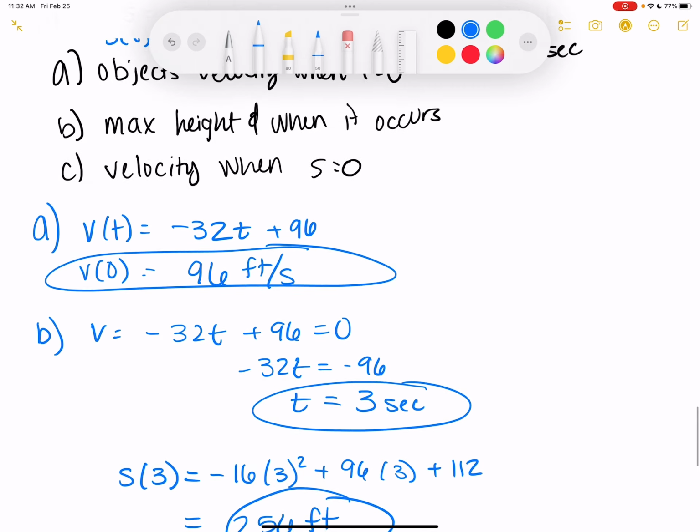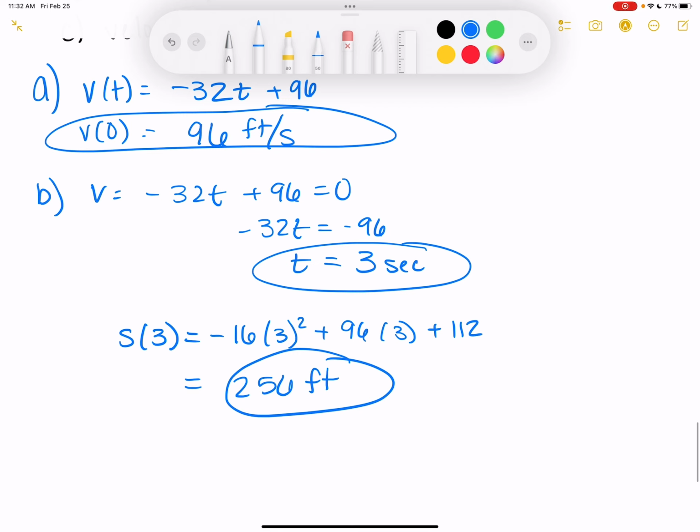So my position equation, we're going to have 0 is equal to negative 16t squared plus 96t plus 112. So, factoring. Any recommendations on what we should do first?